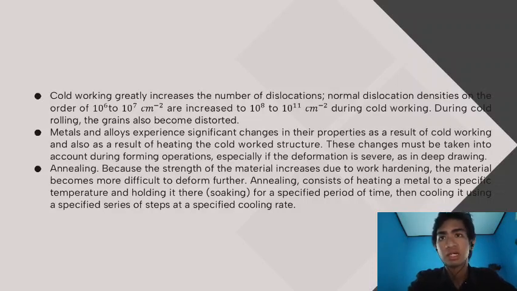Okay, next, annealing. Because the strength of the material increases due to work hardening, the material becomes more difficult to deform further. Annealing consists of heating a metal to a specific temperature and holding it for a specified period of time, then cooling it using a specified series of steps at a specified cooling rate.